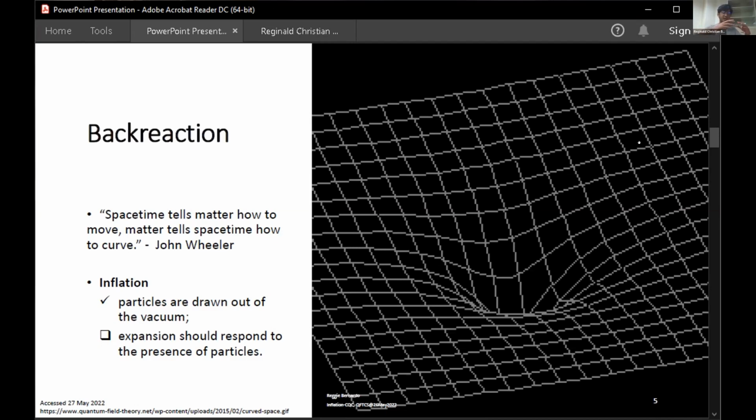Just fix the classical background, and then calculate the particles that you can draw there. Then you create this energy momentum tensor from these created particles, and put this back into the Einstein equations, and see how the space-time is going to respond to these created particles.